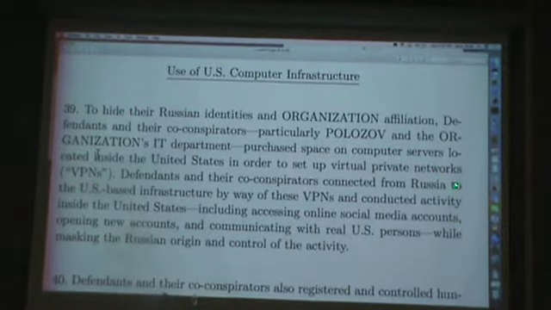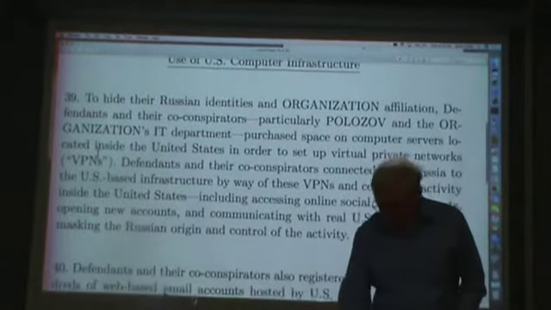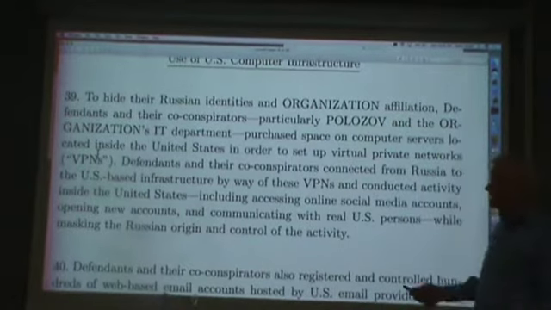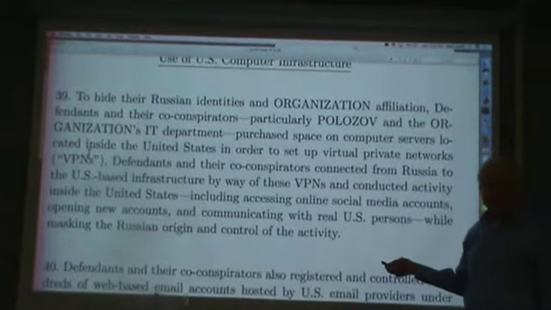Defendants and their co-conspirators connected from Russia to the U.S.-based infrastructure by way of these VPNs and conducted activity inside the United States, including accessing online social media accounts, opening new accounts, and communicating with real U.S. persons while masking the Russian origin and control of the activity. So I don't think we can easily find a word that we can take out that doesn't change the meaning.